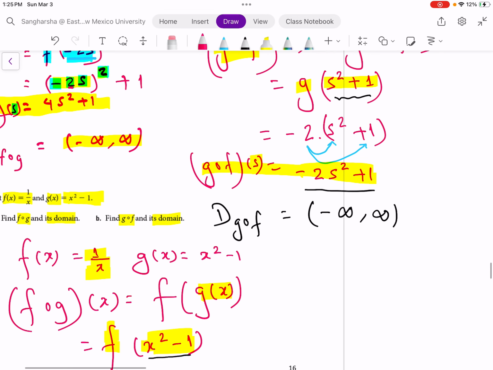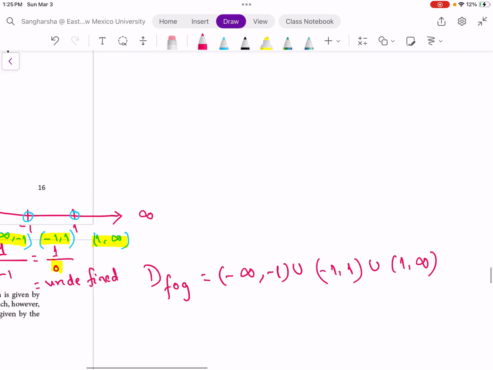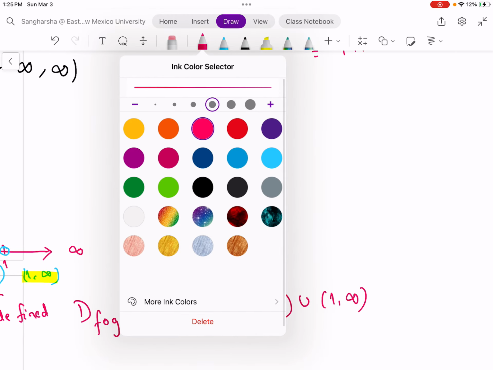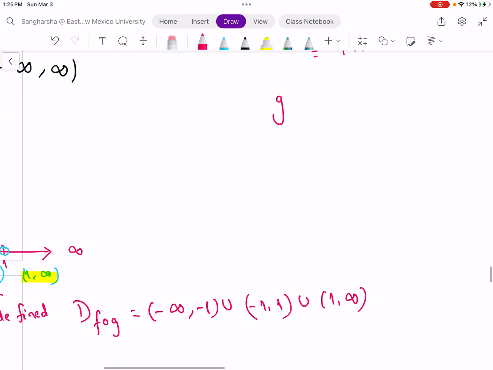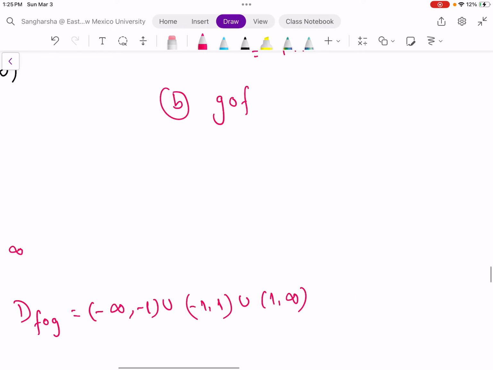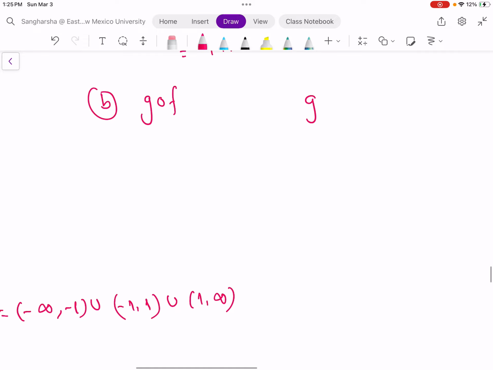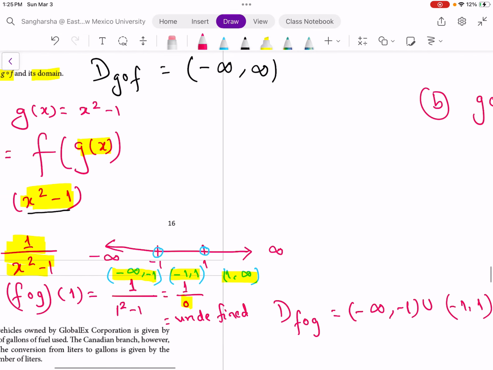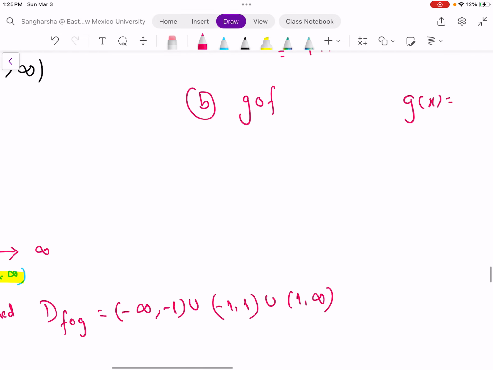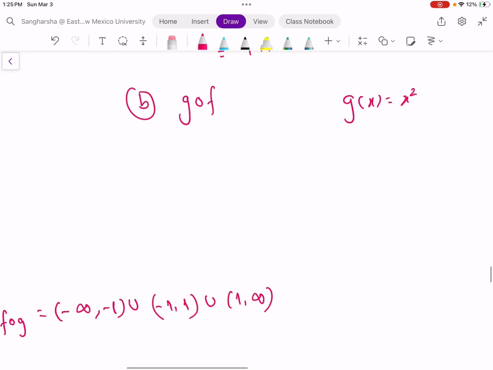In part b, we need to find g composite f and its domain. So let me rewrite: g of x is x squared minus 1, and our f of x is equal to 1 over x.